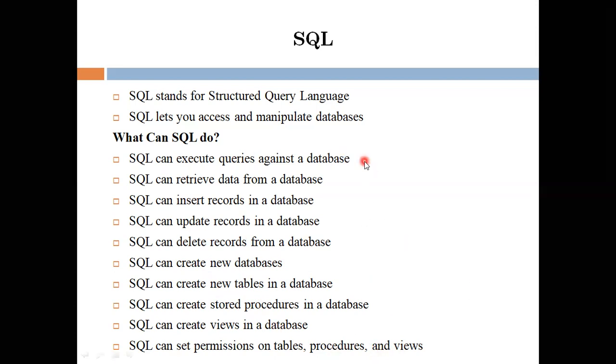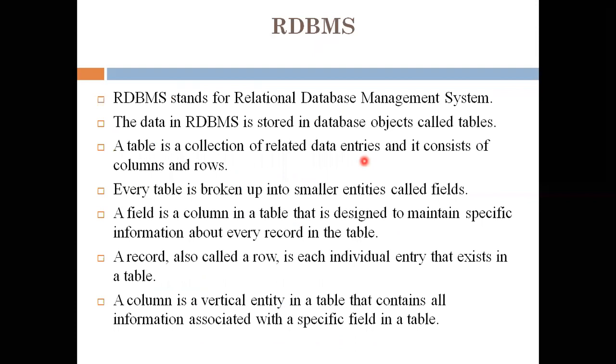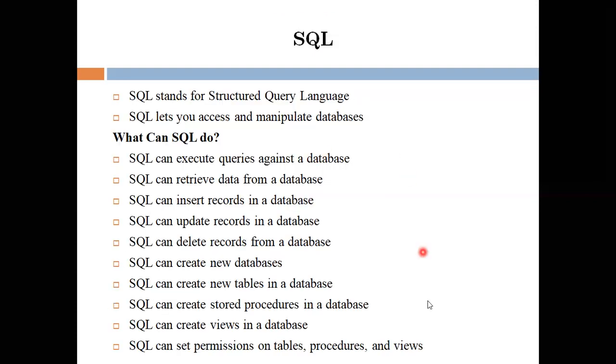Among these queries, we can categorize them into three common types. I mean to say SQL commands, the commands that we use to query the database. SQL commands can be categorized into three types.